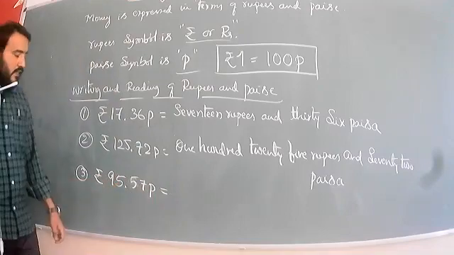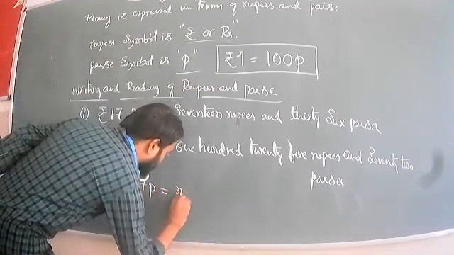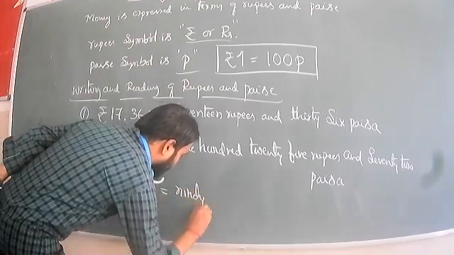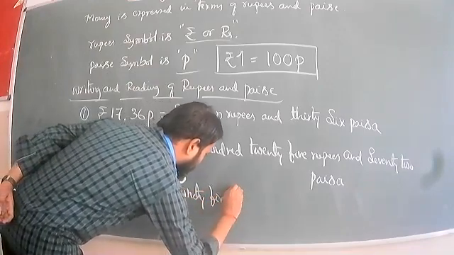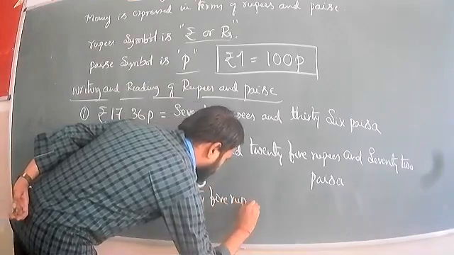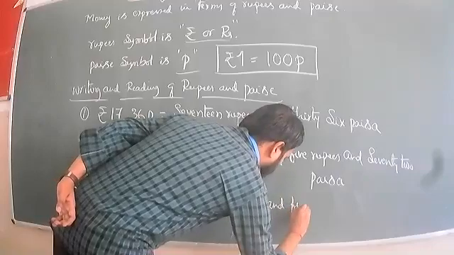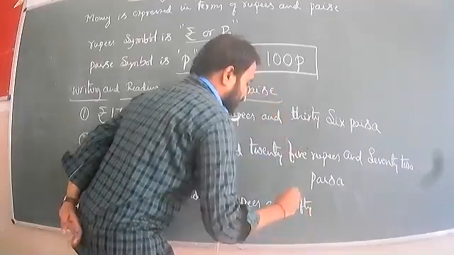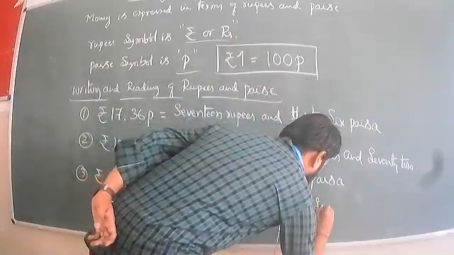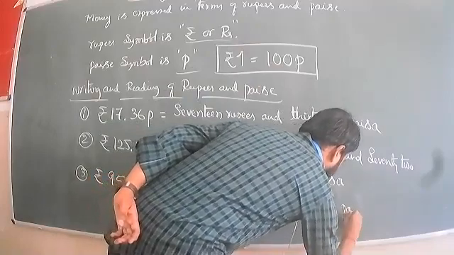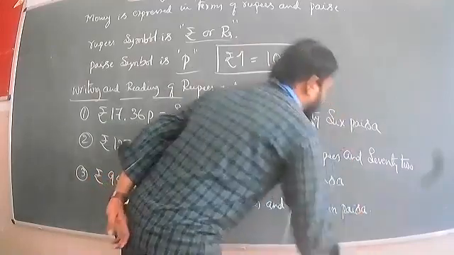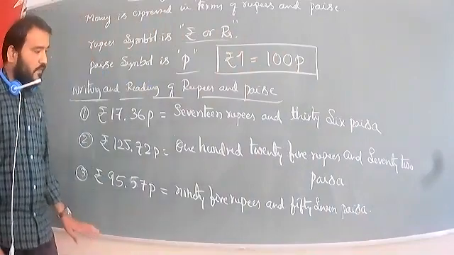Write the number name: 95 rupees and 57 paisa.